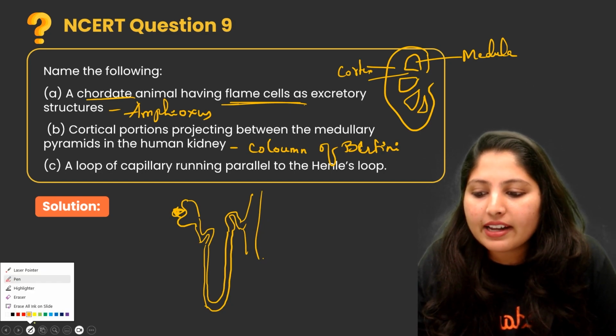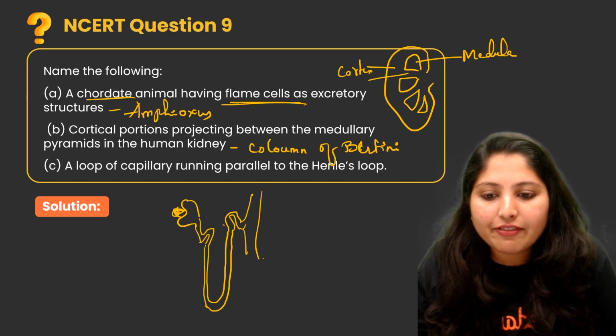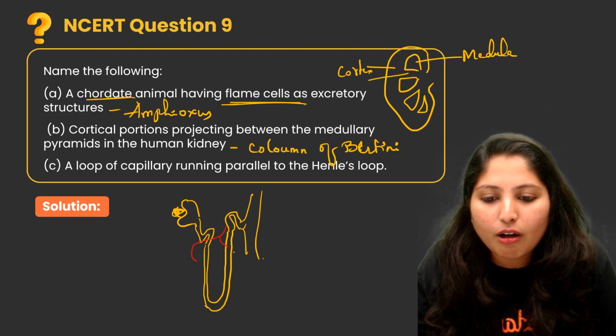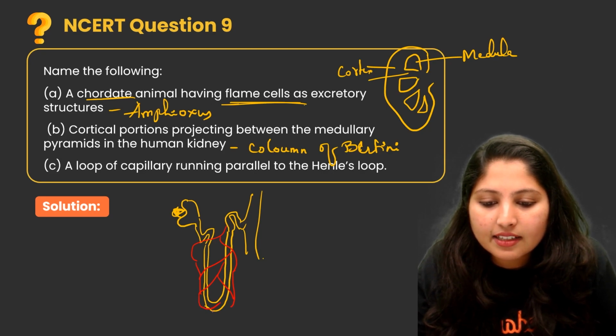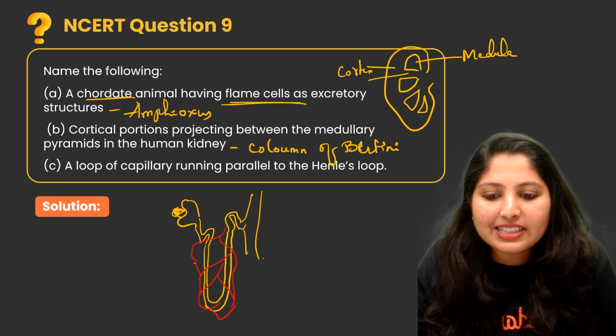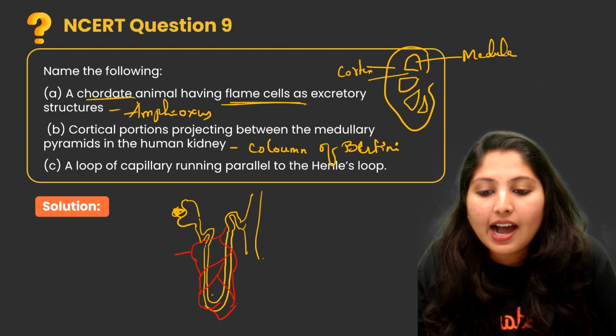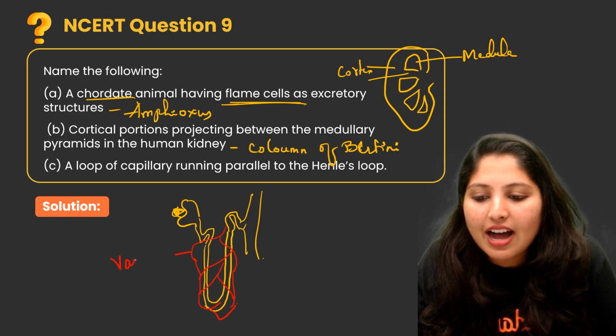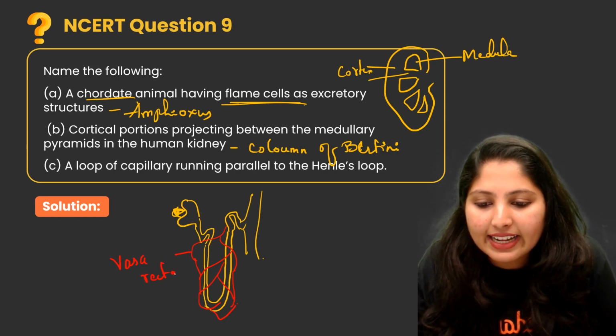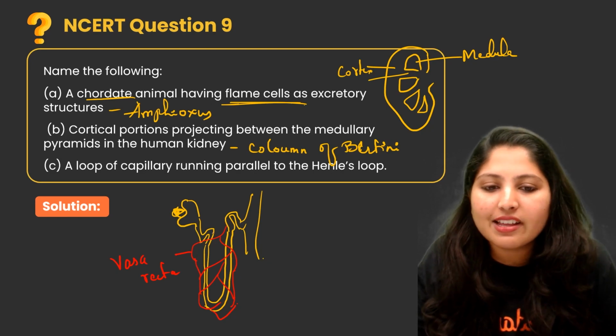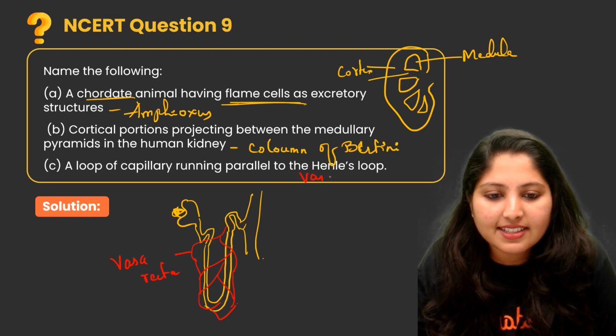Parallel to this we can find a network of blood capillaries, or arterioles, known as the vasa recta. So the right answer is vasa recta.